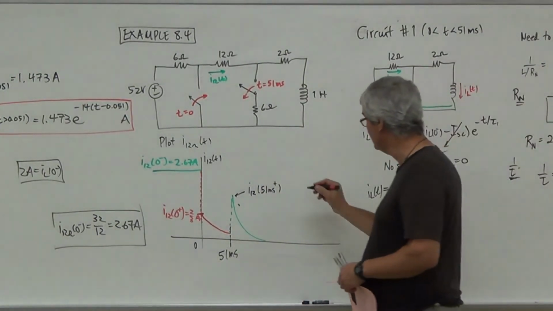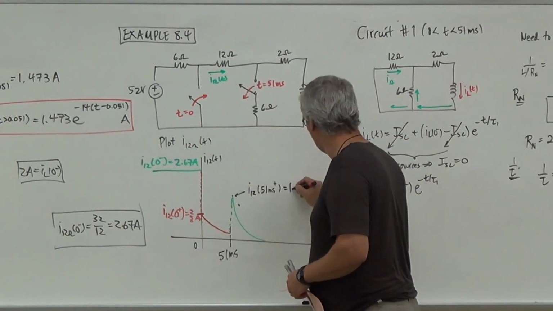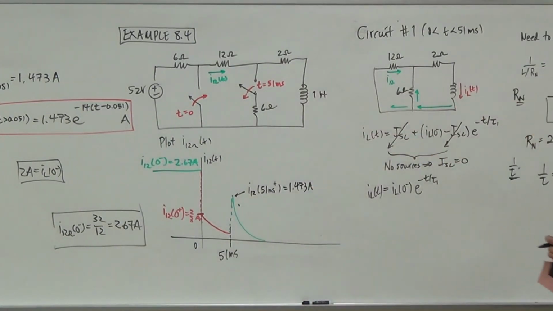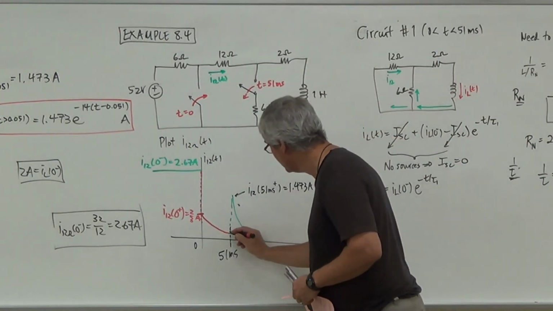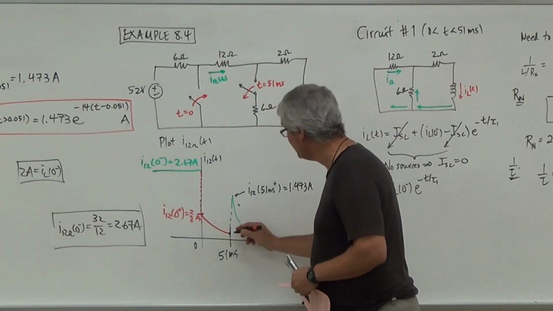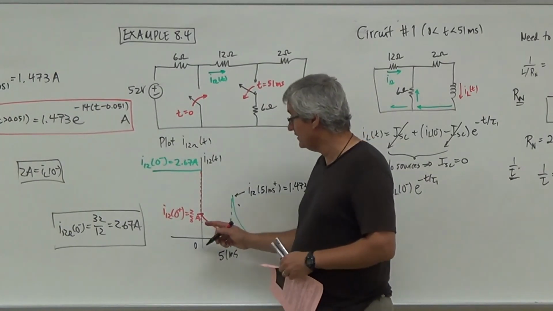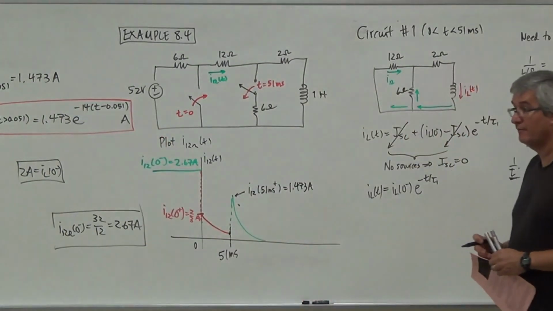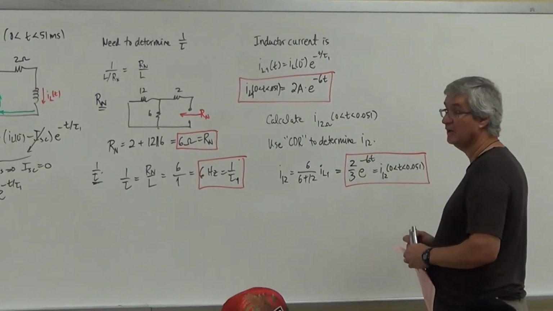My plus here tells me that this guy has to be 1.473 amps. At 51 milliseconds prior to this, at that value right there, it had to be what? I would have to calculate that. Do you plug in 51 milliseconds into that equation over there? Yeah, that's how we got that.